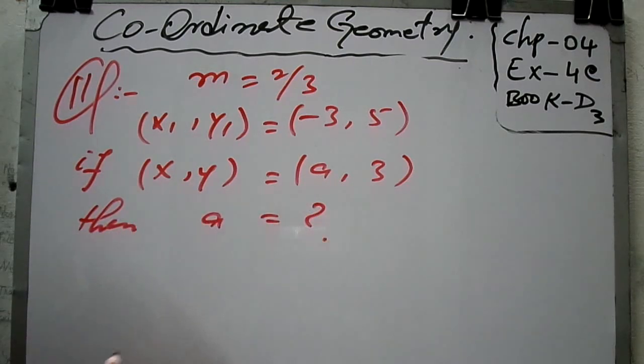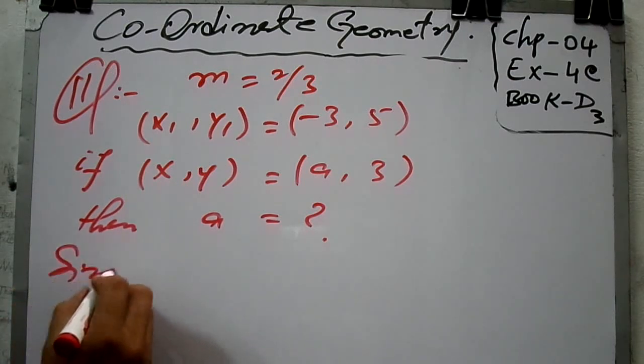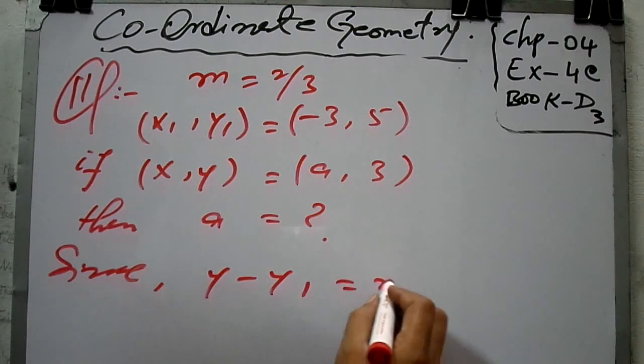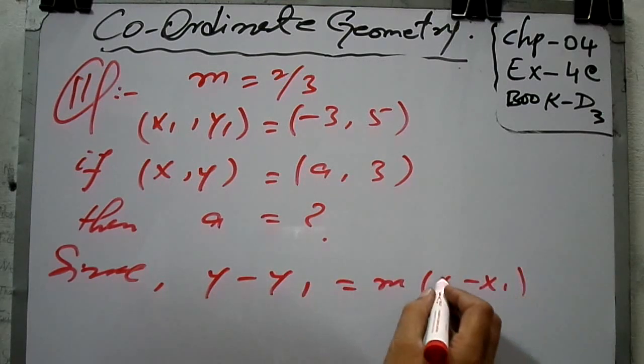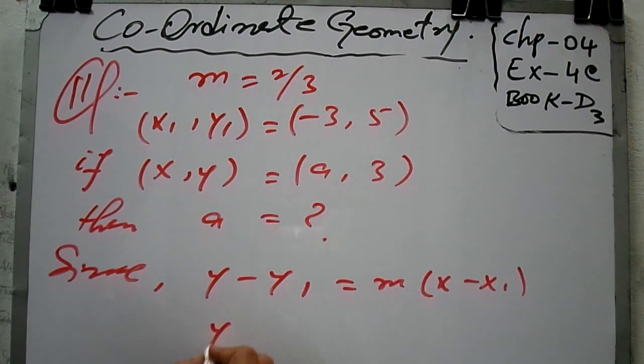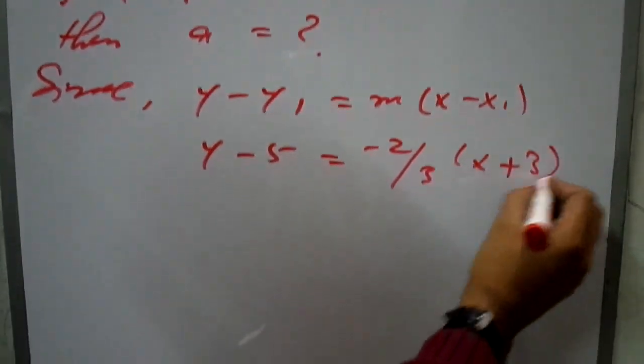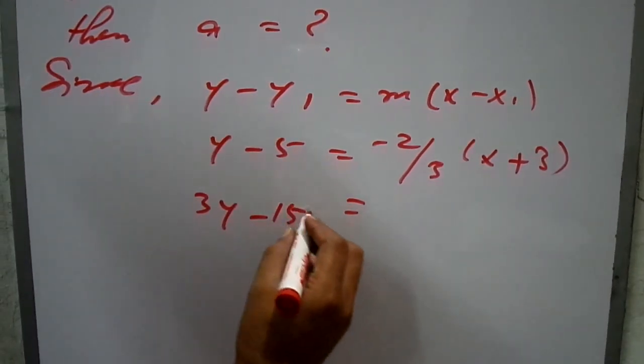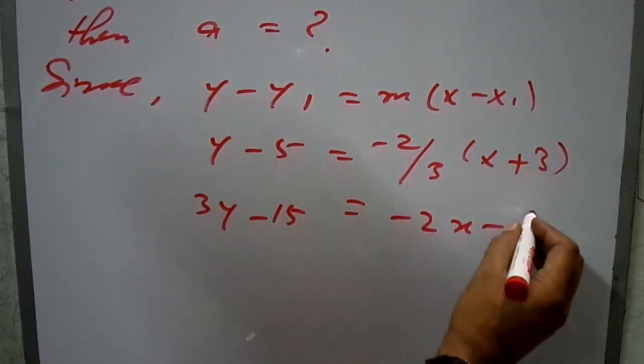the value of a. So by using the point slope formula, that is y minus y1 is equal to m into x minus x1, because in this case we have one point, so putting the values, that is minus 2 by 3 into x plus 3. So by simplification, by using cross multiplication, you will get this.